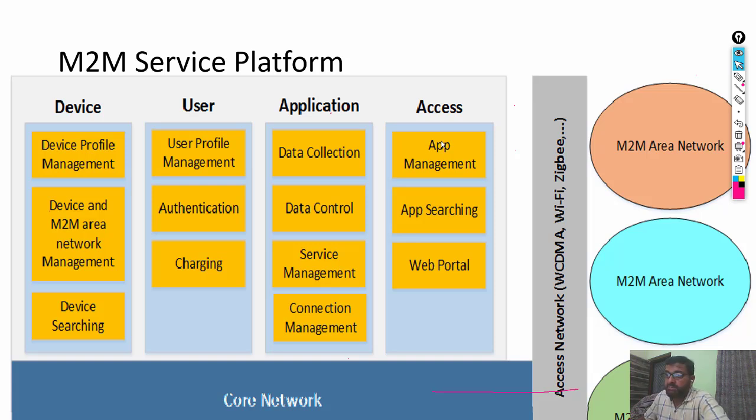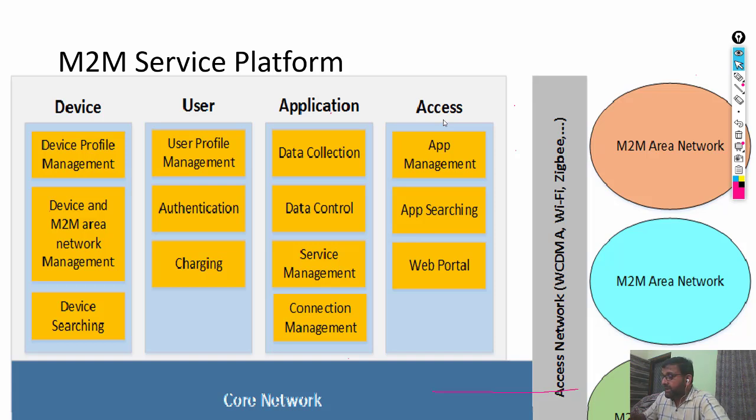If I am using machine-to-machine architecture for services, then we require device, user, application software, and the access capability of the application software. For the device, no doubt we require machine-to-machine computing nodes, low end, mid end and high end. All kinds of nodes are acceptable here.